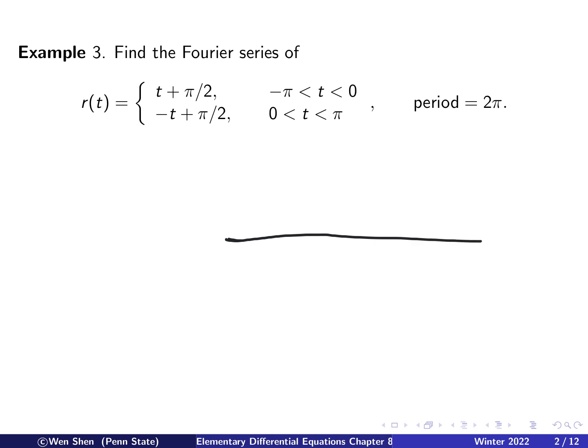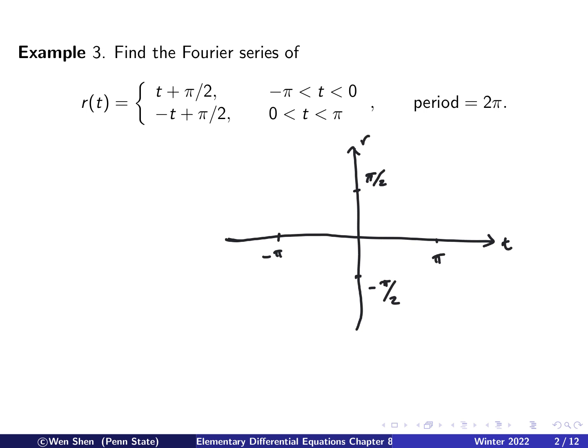So let's say this is t, and that's my function r. This is negative π, and this is π. When t is 0, I have π/2. So this is π/2, and this is negative π/2.